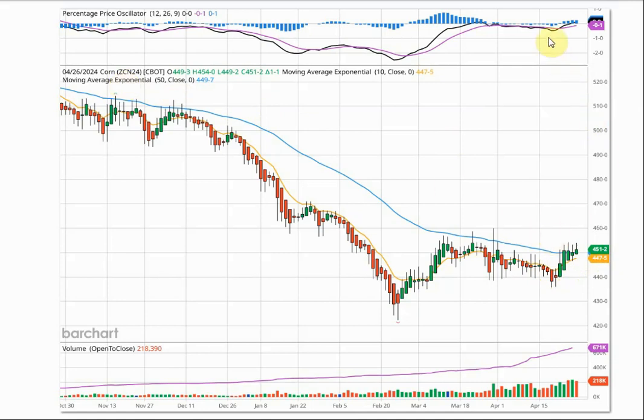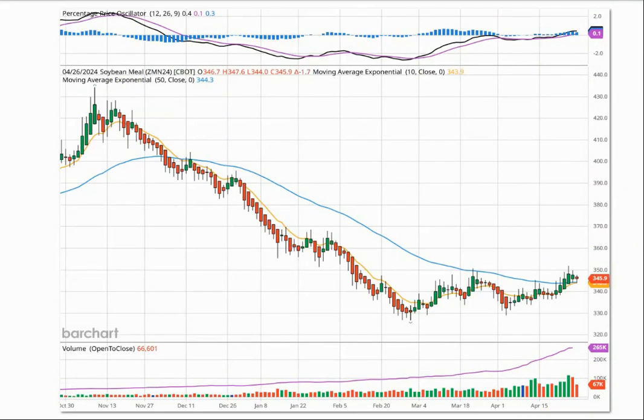Okay, and of course you can also watch the PPO or an RSI if you have that. But I think that this one, again, is not a day trade. This is something that over the next couple of weeks or months could be moving higher. Okay, that again is corn.